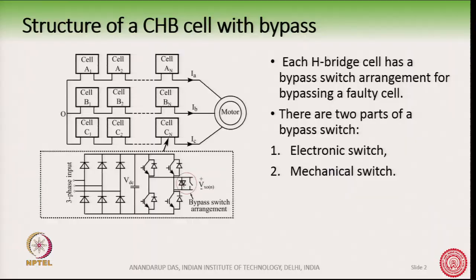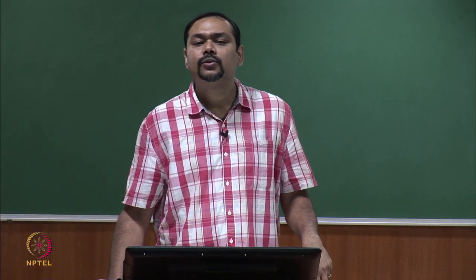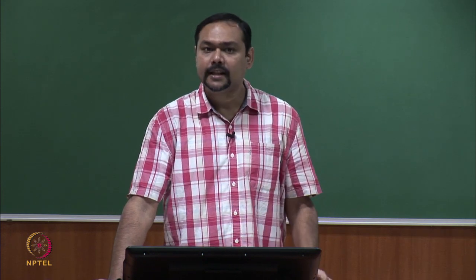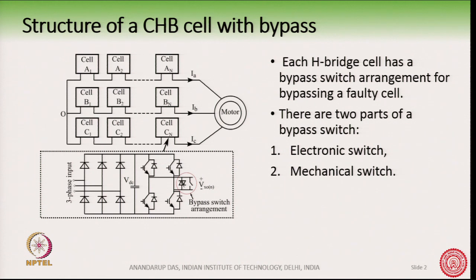Now, our discussion today is to have a glimpse of how we can achieve this in this cascaded H-bridge converter. If you look into the cell structure of the converter, we have discussed it earlier, each cell has a rectifier, a capacitor and then transistors.